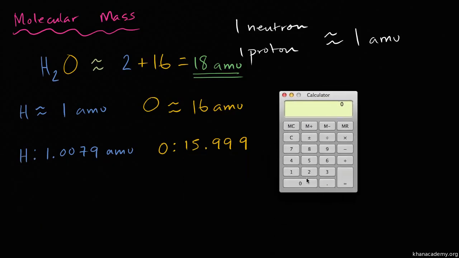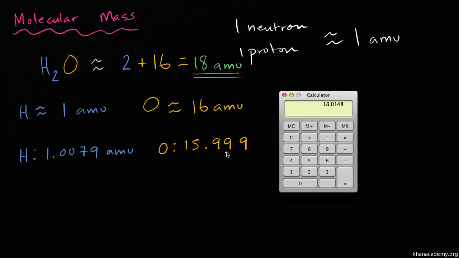So I'm going to have 2 times 1.0079 is equal to, and then to that I'm going to add 15.999, which gets us to, and let's see, I should go no more than 3 decimal places to the right, since I added this.